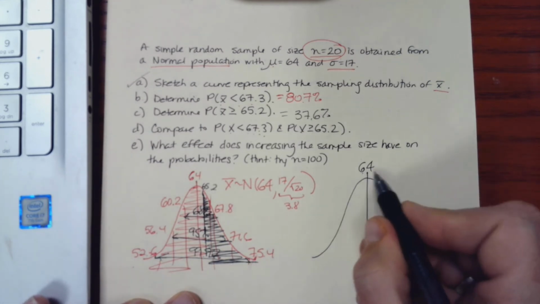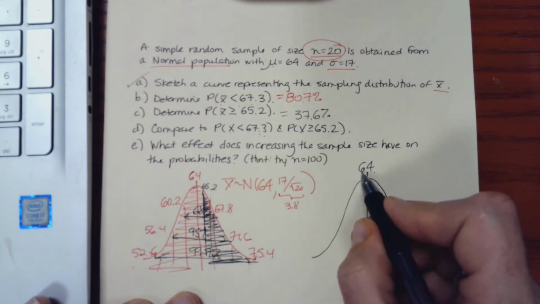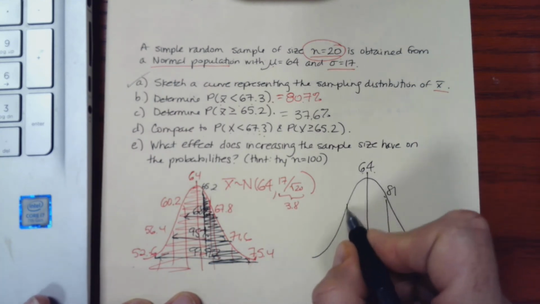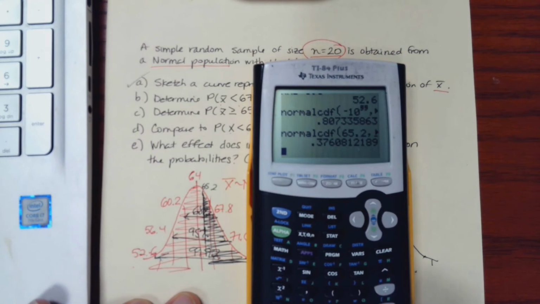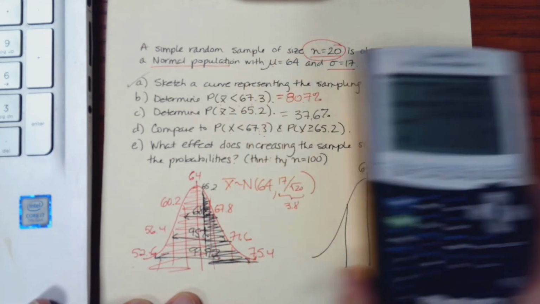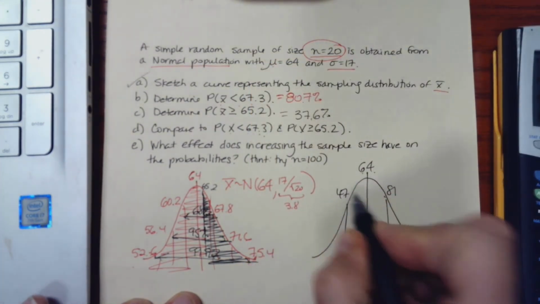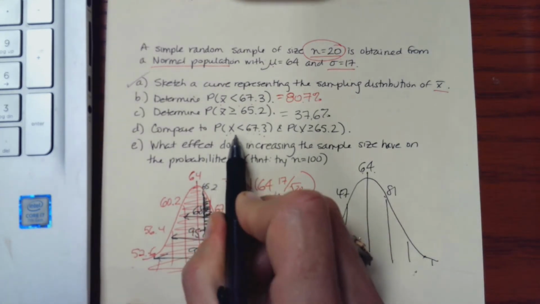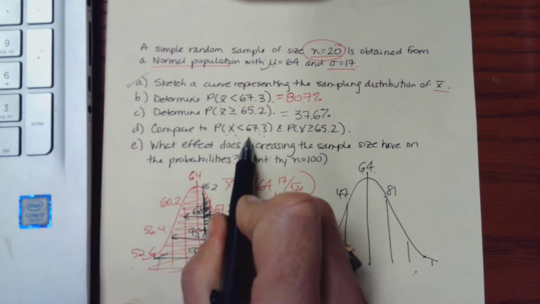So this would be 64 plus 17, that'd be 81, and 64 minus 17 is 47. Okay, so the probability that just a single observation is less than 67.3.